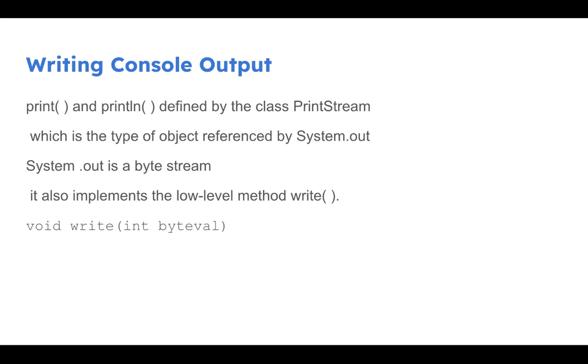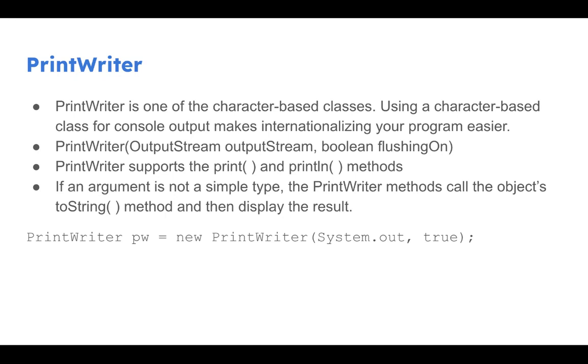So what do we use for writing to the console? We generally use the PrintWriter class. This is one of the character based classes. As you know, Writer and Reader are character based stream classes, and PrintWriter is one which prints in the character based manner. Now we want to print on the console in an optimized manner, that is, in a character based manner. So how do we create an object for it?